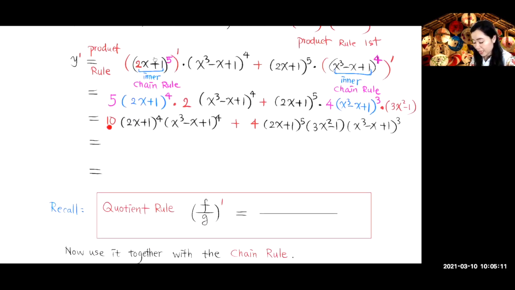10 and 4 have a common factor, which is 2. And what else can we take out? We can also take out 2x plus 1 to the 4 power, since 2x plus 1 to the 4 power and 2x plus 1 to the 5th power have a common factor of 2x plus 1 to the 4 power. So I'm going to take that out also.